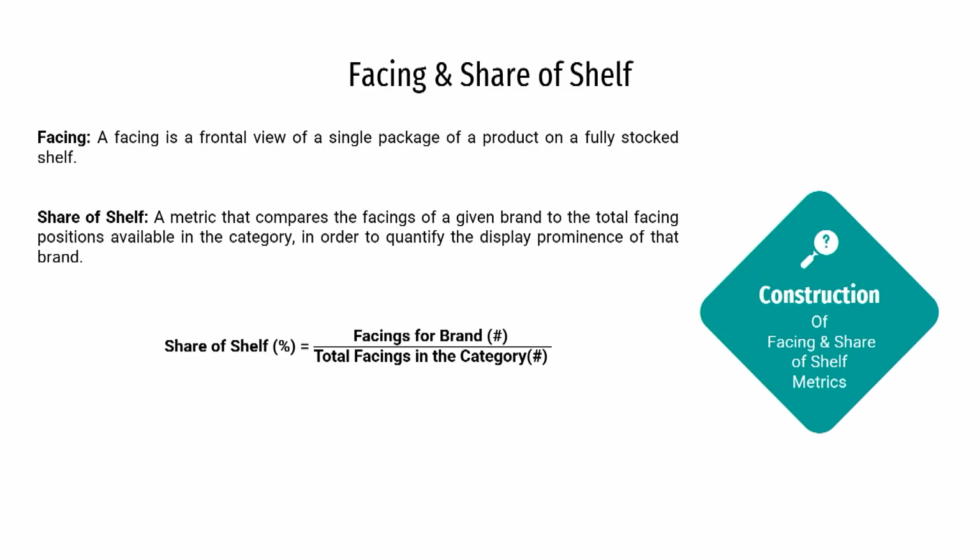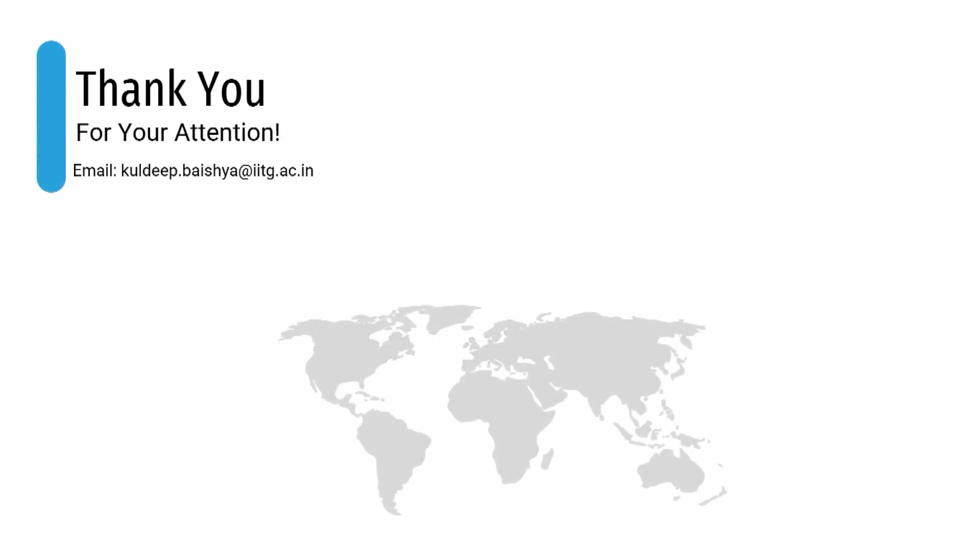In a way, whether my brand is made visible by the sales space of the outlet or not can be captured in terms of share of shelf. So, basically it is a ratio between the facing of the brand in terms of numbers divided by the total facing in that particular category, right. So, this is what we have for today.